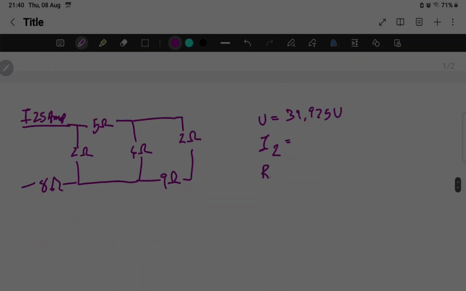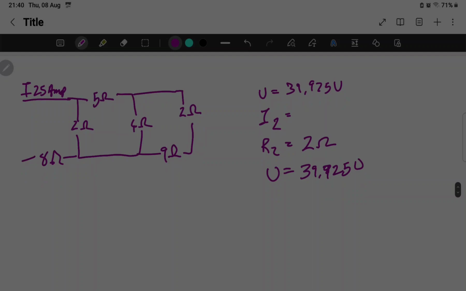Okay, the resistor at 2 is equal to 2 ohms, and the voltage is equal to 39,925 volts. Because it's in parallel, you can see that 2 is in parallel with all of this. Is that clear?